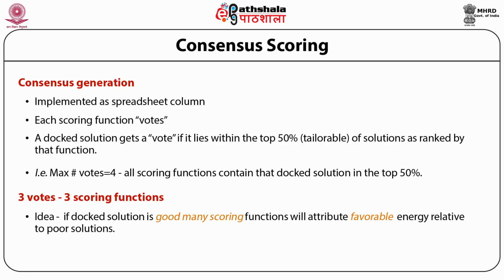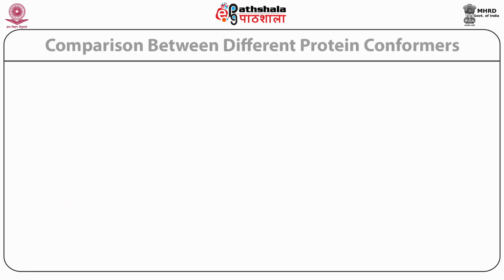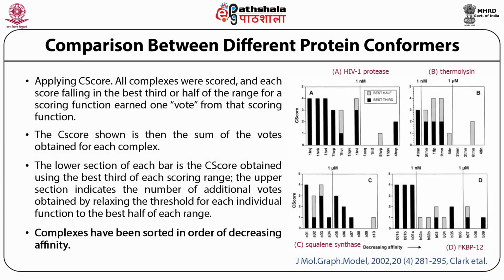However, the energy differences might change in different ways depending on what type of scoring function we are using. Here we are discussing if we use the same scoring function or C-score, which we said is consensus scoring, not a function but votes, and rank compounds which bind to different proteins. Now this is where difficulty comes.